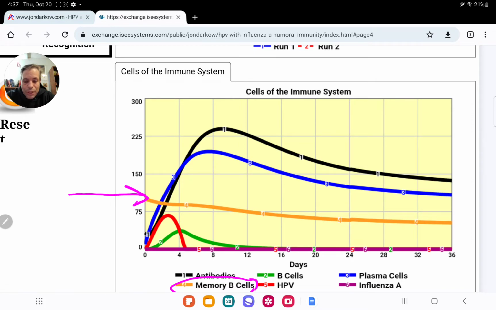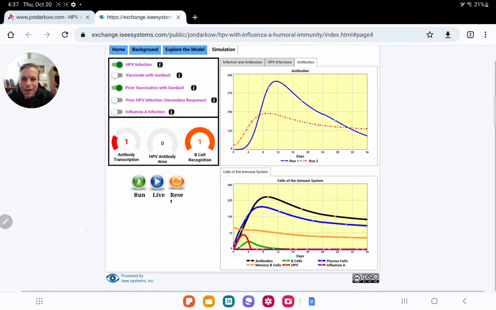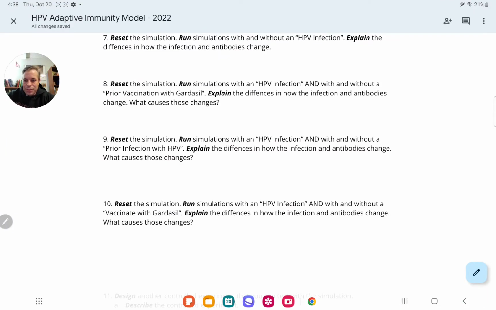So when you do get an infection, there already is a large reservoir or stock of them. Your memory B cells are the cells that are going to end up producing antibodies by differentiating into plasma cells. Okay, so a little technical there, but let's go to the next set of questions.